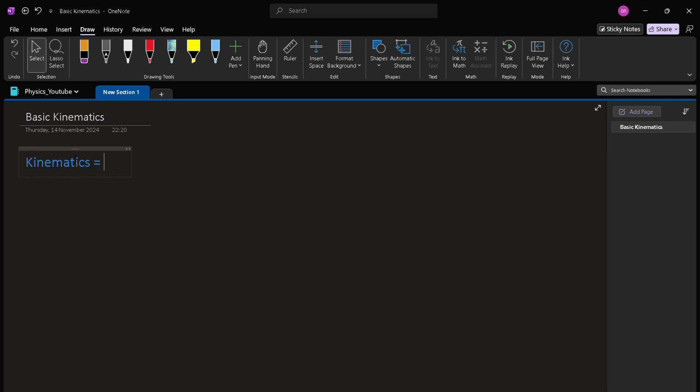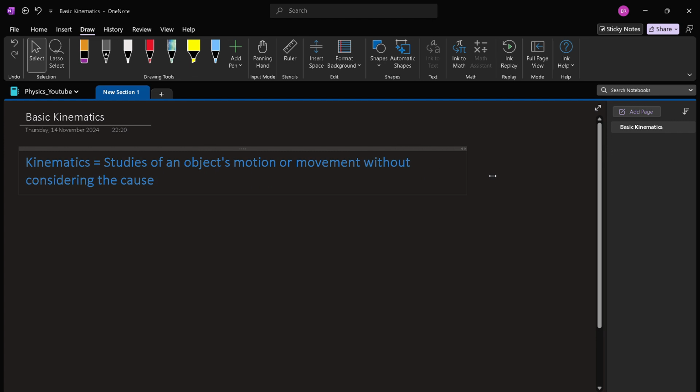In short, kinematics is the study of an object's motion or movement without considering the cause of the motion, because to be able to move, an object needs some cause, which most likely is some forces acting on the object.